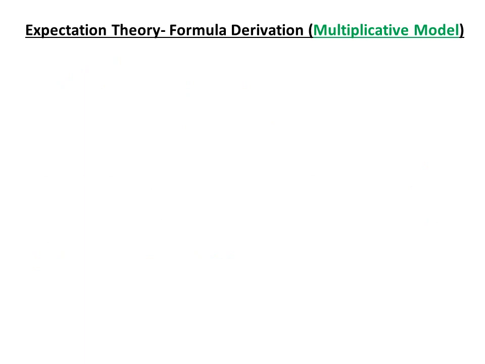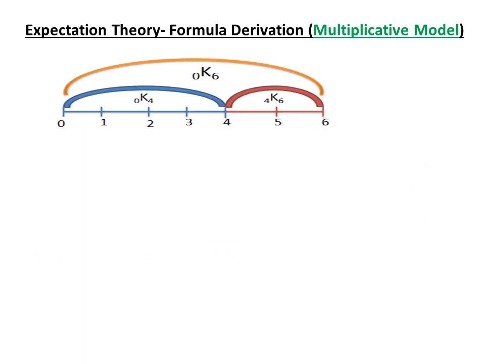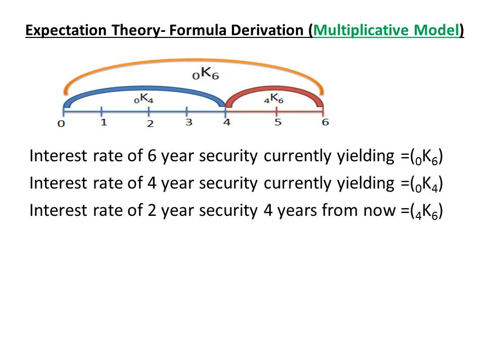Now the expectation theory formula derivation by the multiplicative model. This is the same as before, but while calculating, 0K6 equals 0K4 into 4K6. That is the multiplicative model. Concentrate on the green color, that is multiplied.